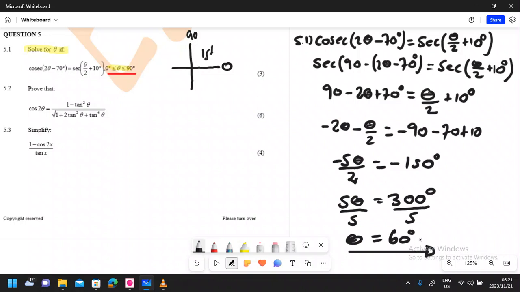So 60, it does reach the requirement. It does fit in here. It's greater than 0 and it's less than 90. So this is our final answer, guys. 60 degrees. So it makes sense because this is only 3 marks. So this is not much of a problem.